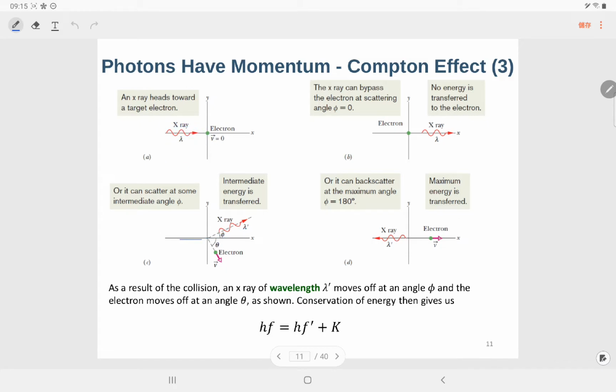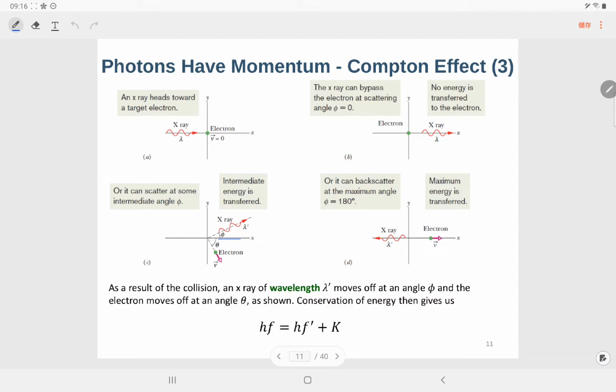And after they collide, the X-ray has a final momentum, and the electron starts to move and will also have momentum. So the momentum should be conserved. Okay, so using the conservation of momentum, we can write a formula.